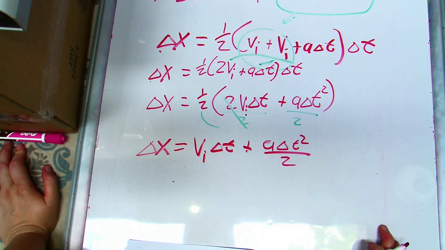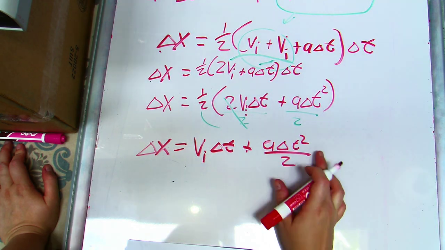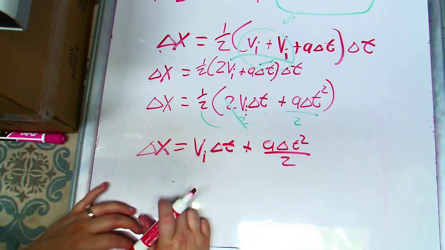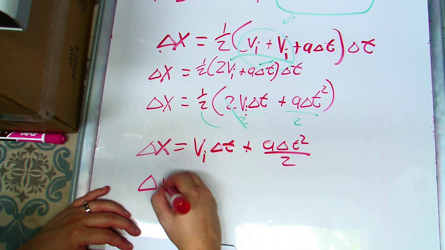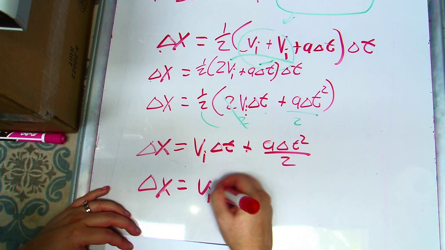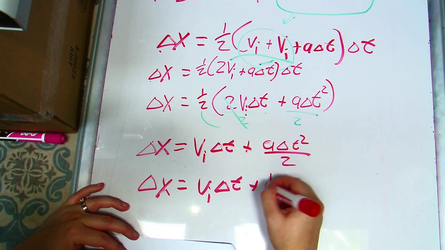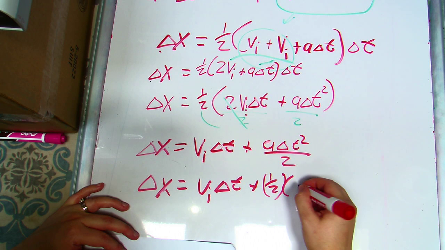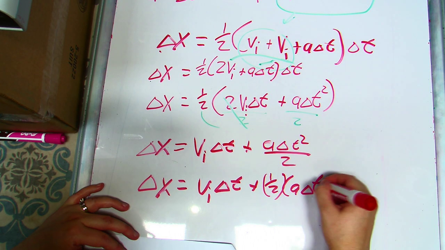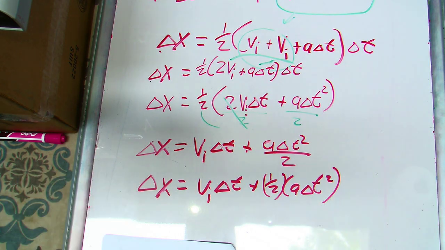But I don't like putting that in a fraction, so once again I'm going to simplify it and put it as vi delta t plus 1/2 a delta t squared. All right. Check this out. Quite a monster, isn't it? Sorry though, we're not done.